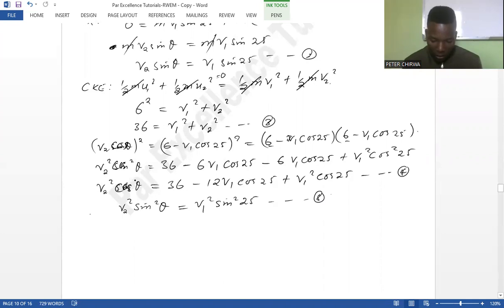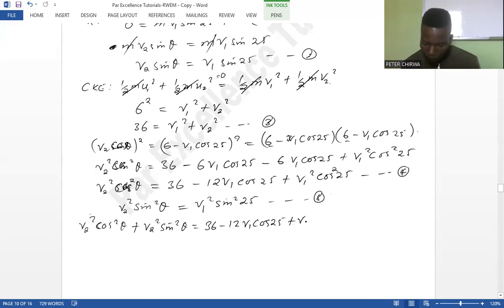So I add this equation, both sides. And what am I going to have? Right, so what I'm going to have now is v2 squared cos squared theta plus v2 squared sine squared theta equal to 36 minus 12 v1 cos 25 plus v1 squared cos squared 25 plus v1 squared sine squared 25.